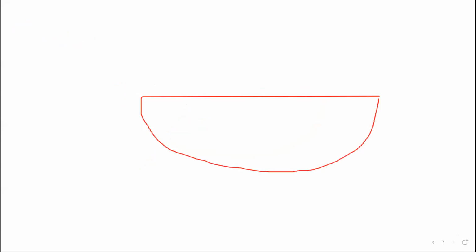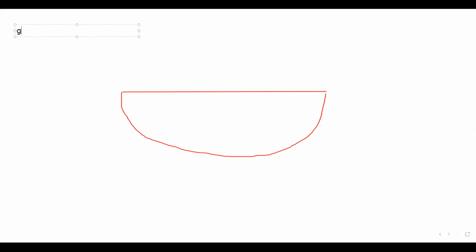Example, you have a semicircular glass and the refractive index of this glass is 1.6, and there's a ray which is passing.